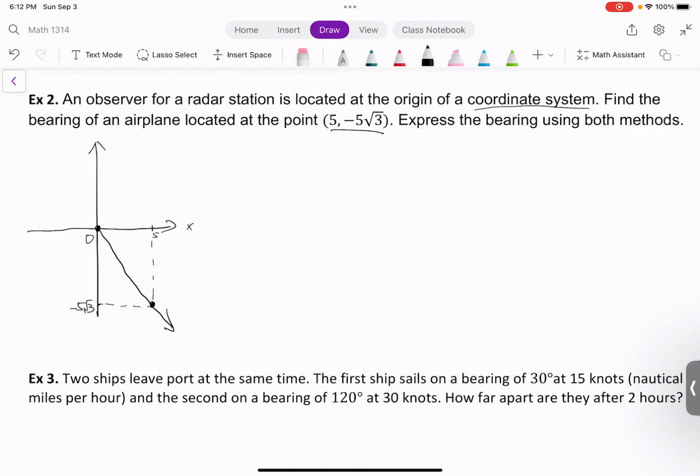If I'm using the first method to solve the bearing, the angle is between the ray and the north-south line. So we can also say this is west, this is east. So how to find this?